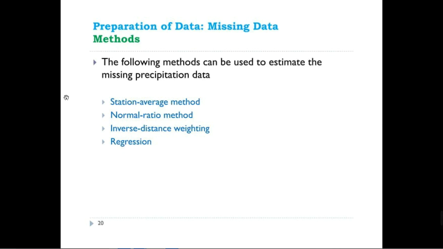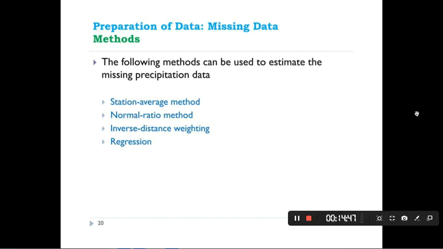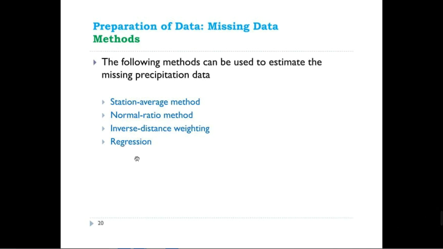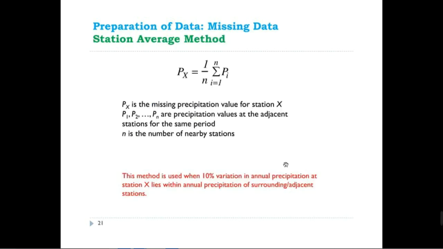So I asked the question: write the methods that can be used to estimate the missing precipitation, for 4 marks. So you have to write this: station average method, normal ratio method, inverse distance weighting, regression. Okay. The precipitation data, missing data, station average method: Px is equal to 1 by n sigma i is equal to 1 to n of Pi. This is the equation.